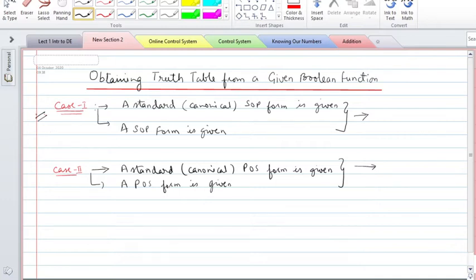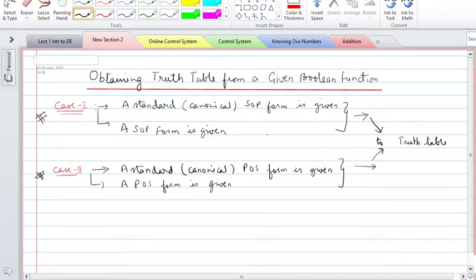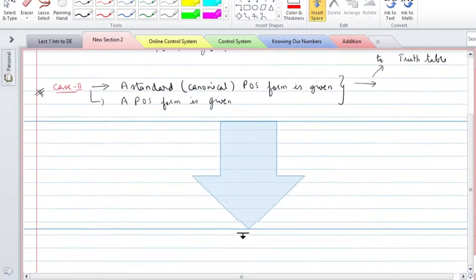Either we are given a standard canonical SOP form or a simple SOP form, or in the second case we are given a standard canonical POS form, or simply a POS form that may be canonical or not, and we have to obtain a truth table for these functions.